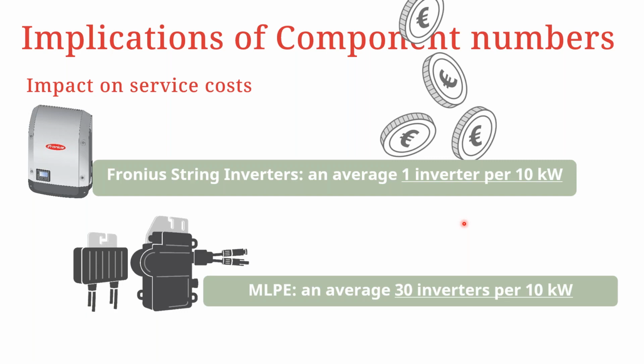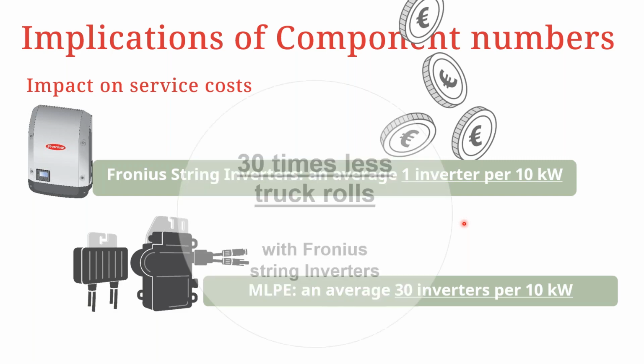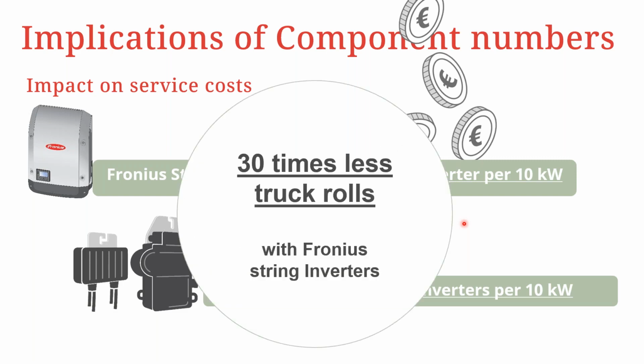So what does this mean? It means that you have 30 times fewer truck rolls, or 30 times less maintenance activity or maintenance cost, with regards to Fronius inverters when compared to MLPE-based systems.